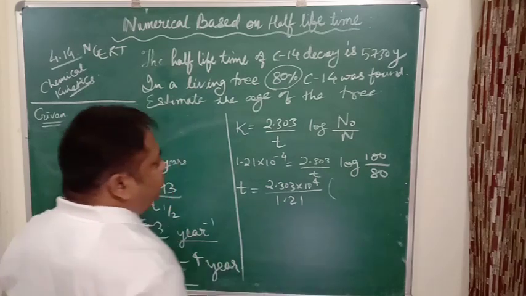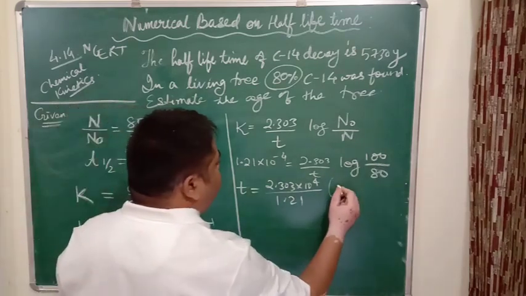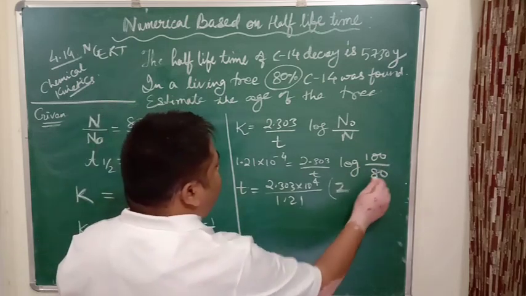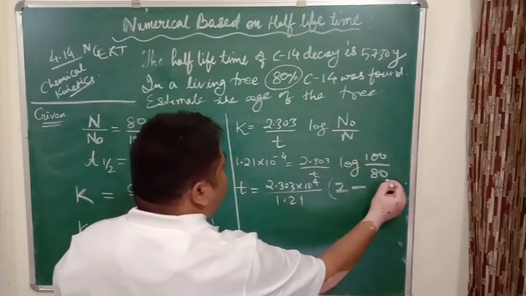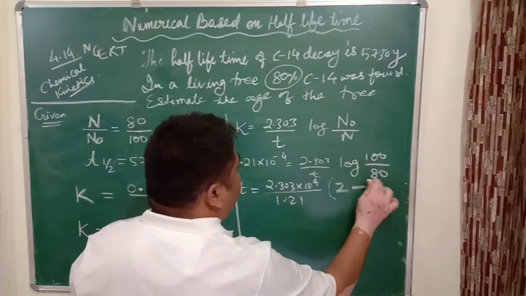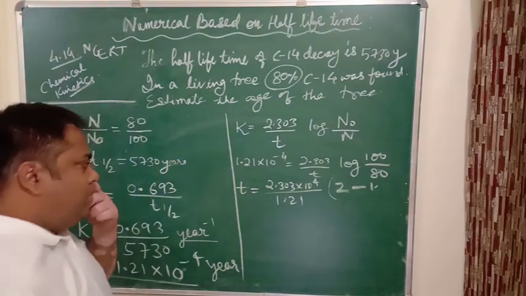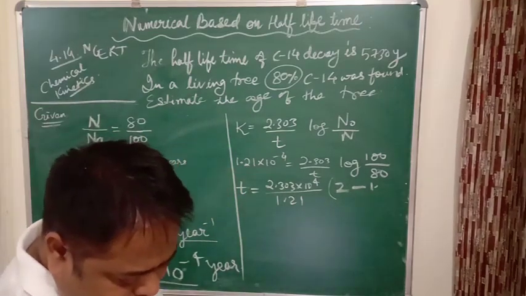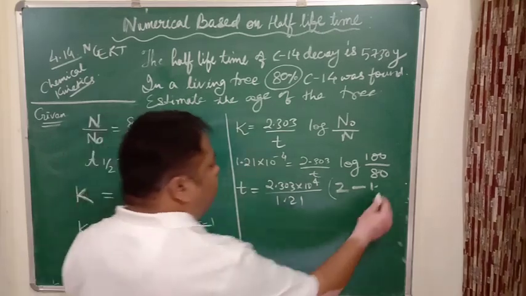multiplied by log 100, which becomes 2, minus log 8, which is 0.9031.